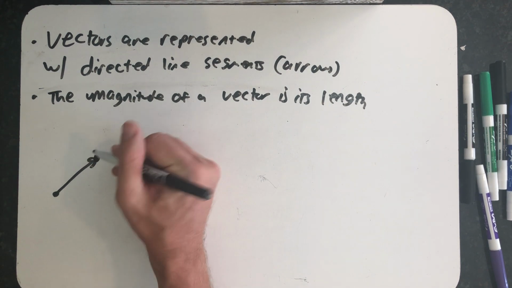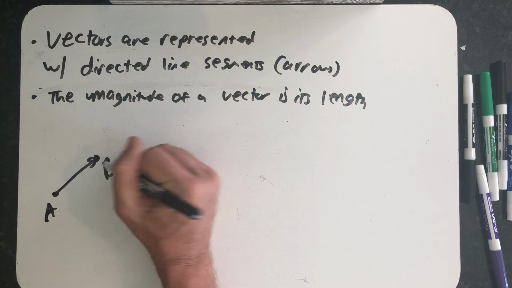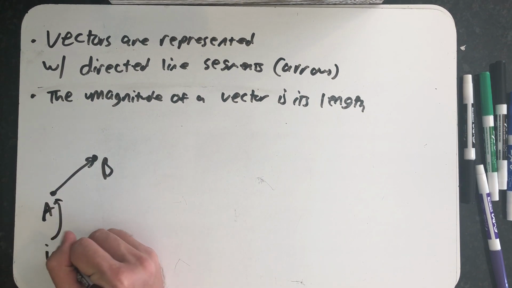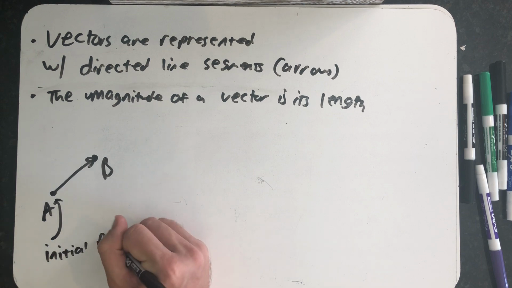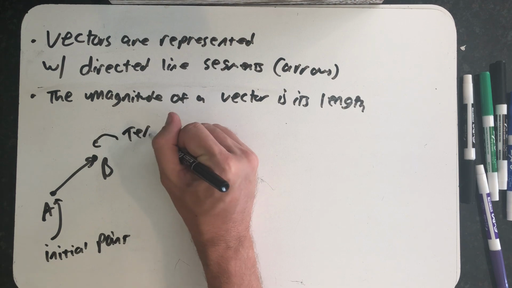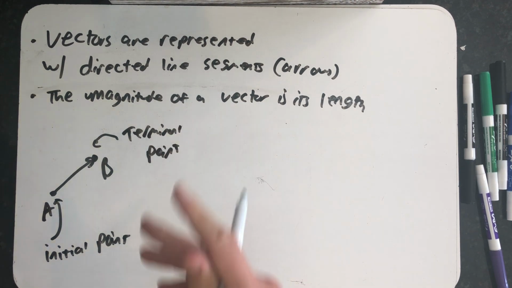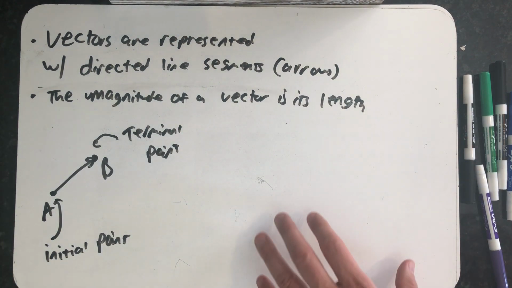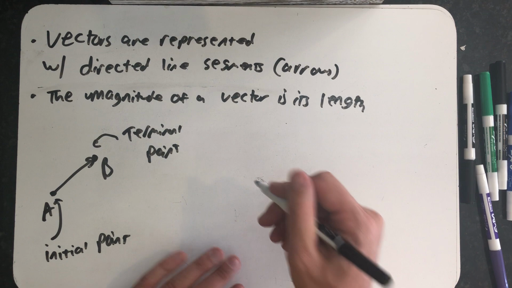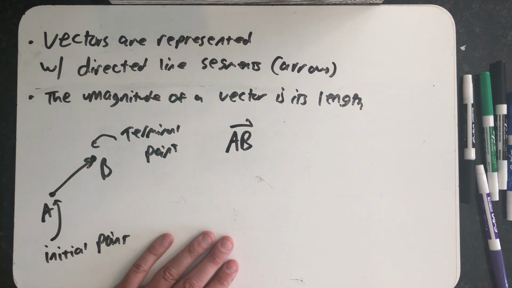So some notation about vectors. If I have a vector here that points from point A to point B, the point A is called its initial point, and the point B is its terminal point. And when we want to talk about vectors in writing, we can refer to this vector that starts at A and ends at B as the vector AB. And I would write that like that.